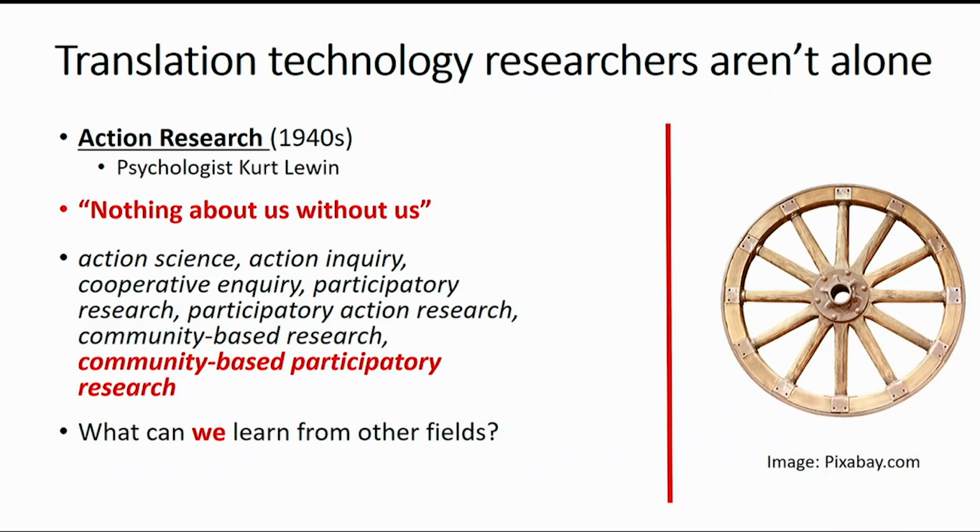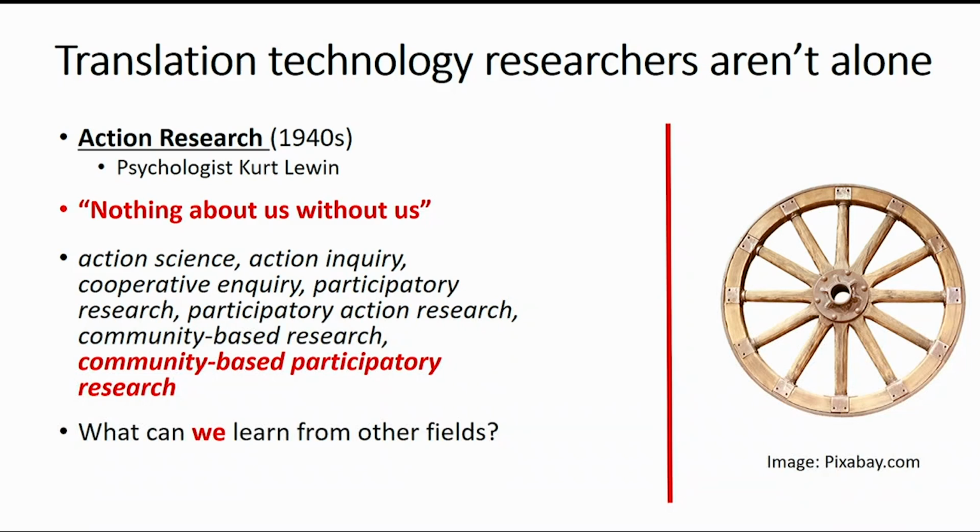So it's had quite a few different names. There are probably nuances of difference between these different names. So you might hear it described as action research or action science, cooperative inquiry, participatory research, community-based research, community-based participatory research.